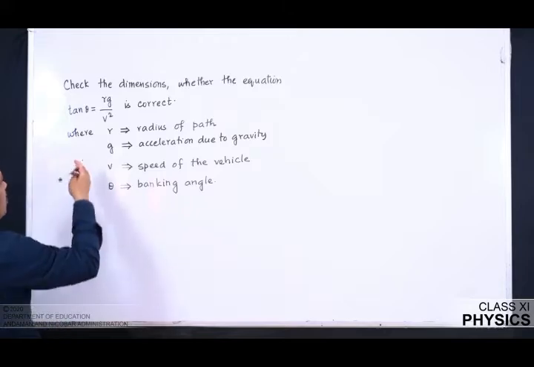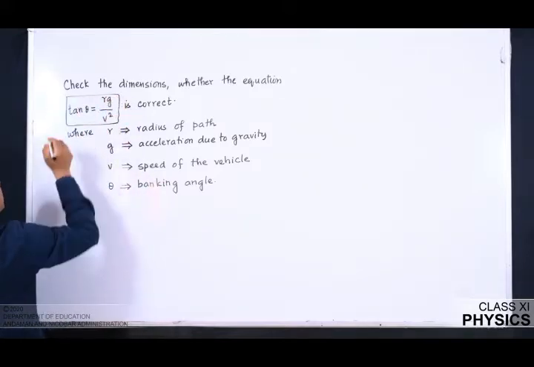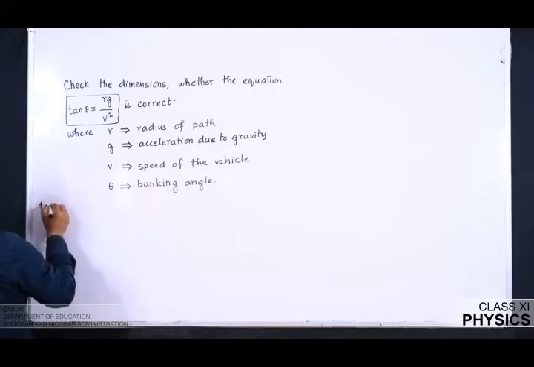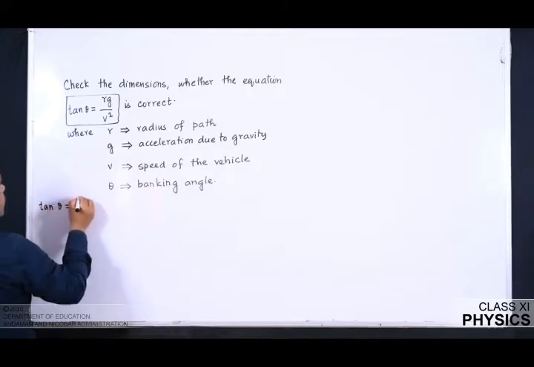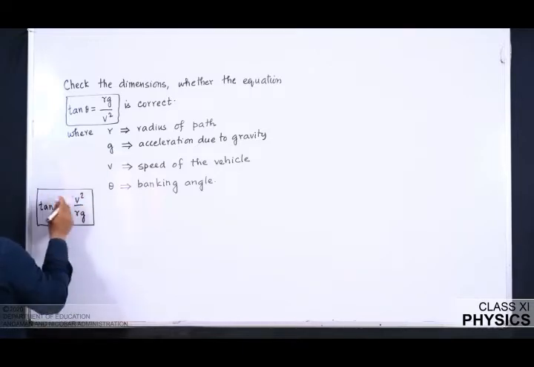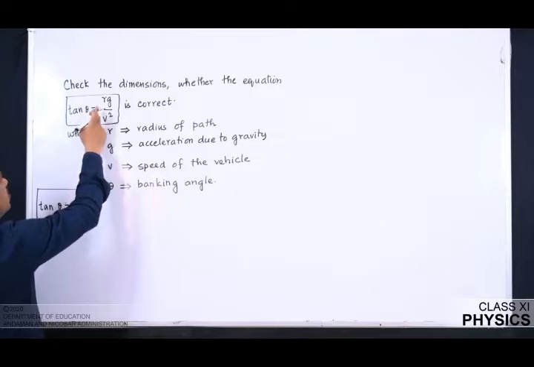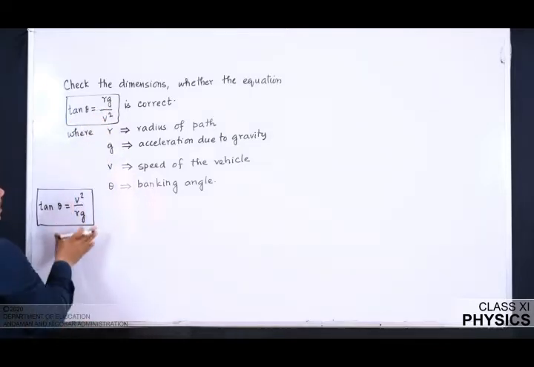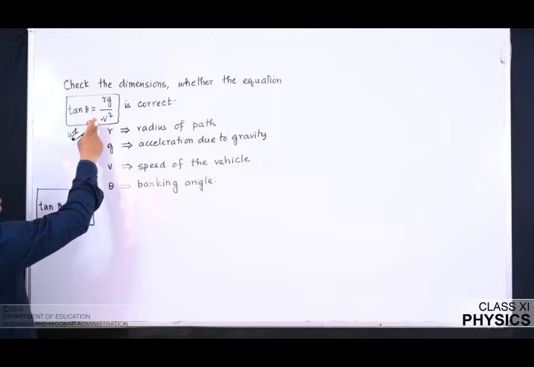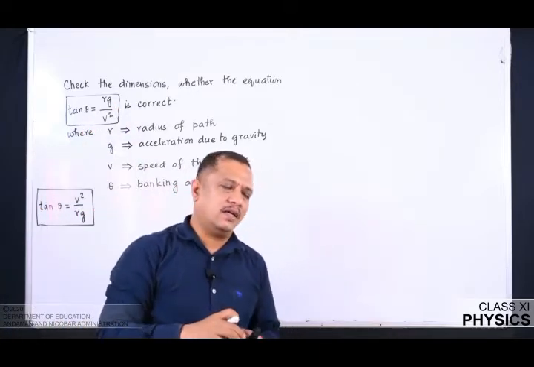The correct formula for this physical relation is actually tan theta is equal to v square by rg. If you take note, v square is at the numerator and rg is at the denominator, whereas the relation given is tan theta is equal to rg by v square. So the correct one is this, however the given one is this. We are asked whether this expression is dimensionally correct or not.